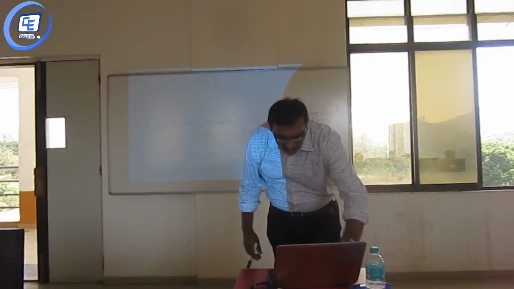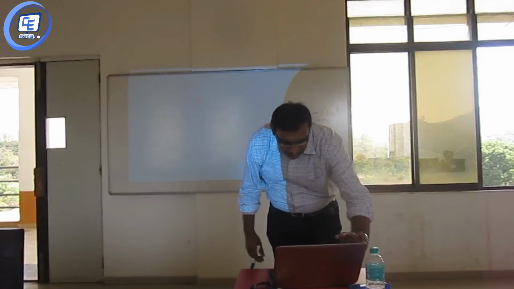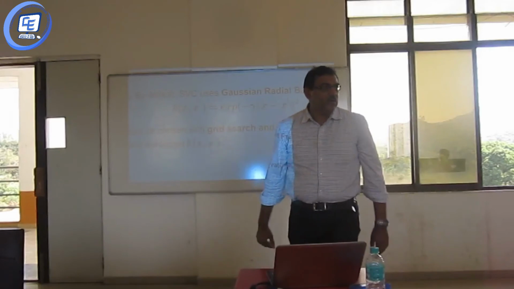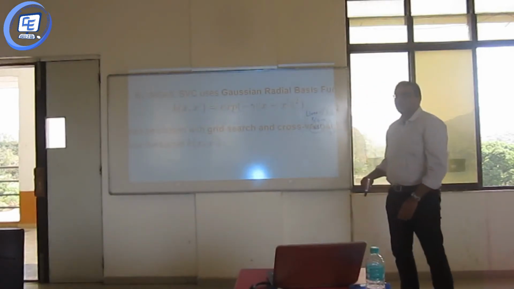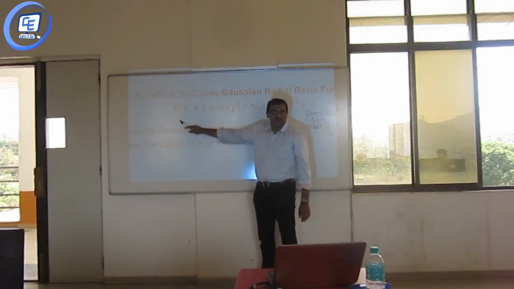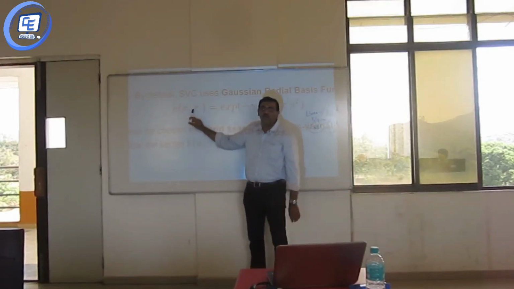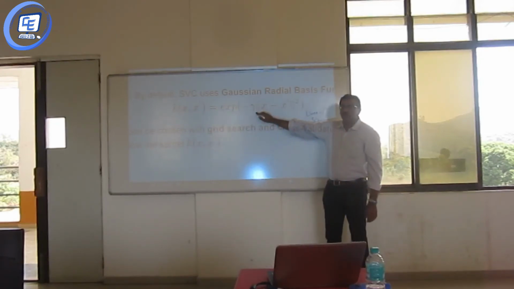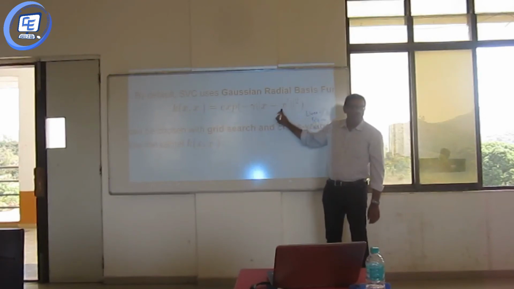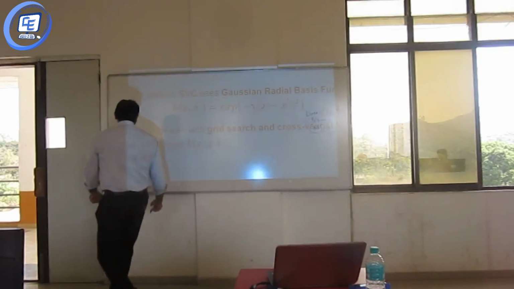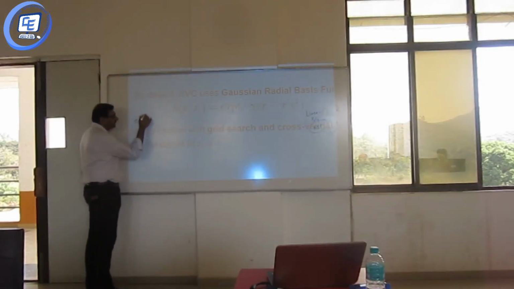This is the formula of the RBF kernel. So the kernel here is basically about the distance between x and x dash. If there are two vectors, x and x dash, this is e raised to minus gamma times the norm of x minus x dash, squared.